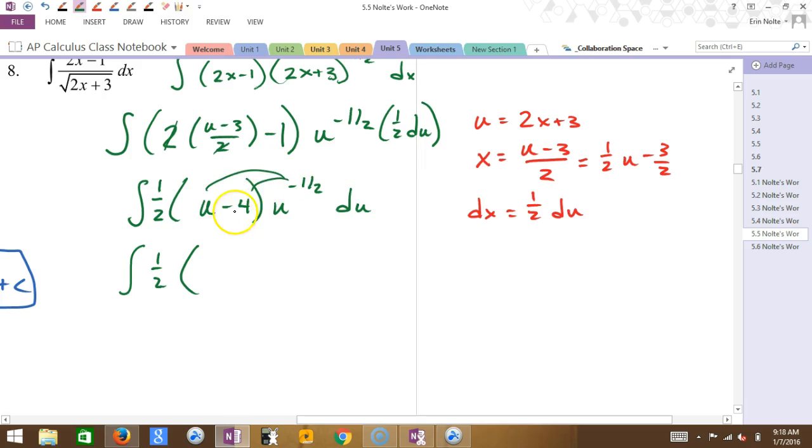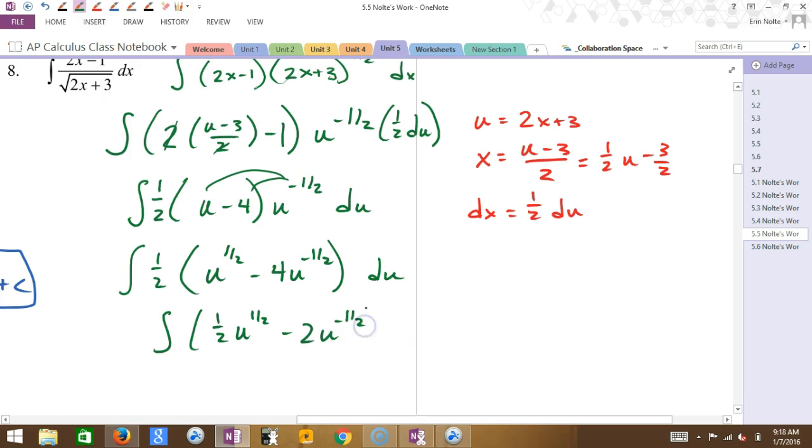So u times u to the negative 1/2 is u to the 1/2. And then I have minus 4 u to the negative 1/2 du. Then I distribute the 1/2, so I have 1/2 u to the 1/2 minus 2 u to the negative 1/2.